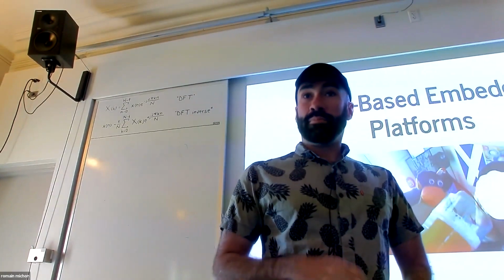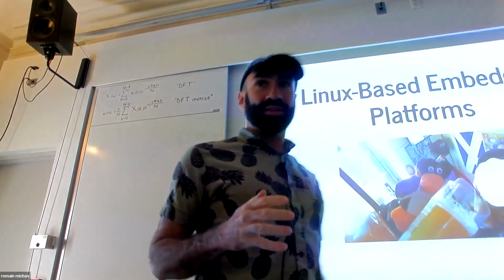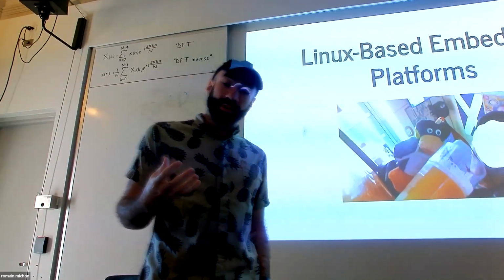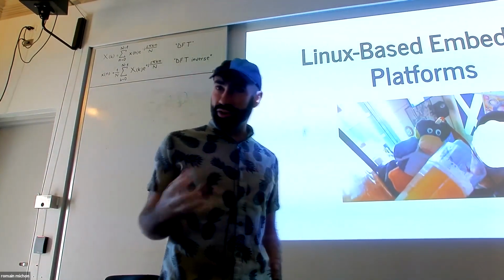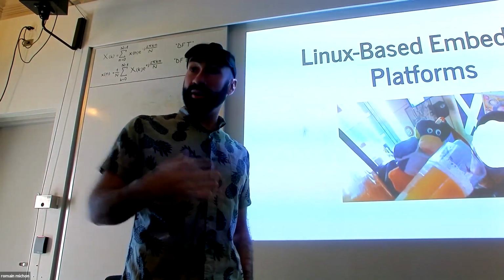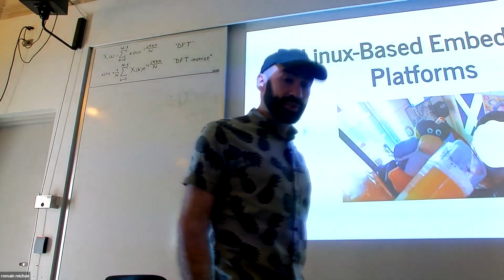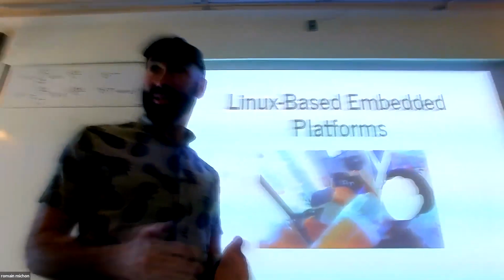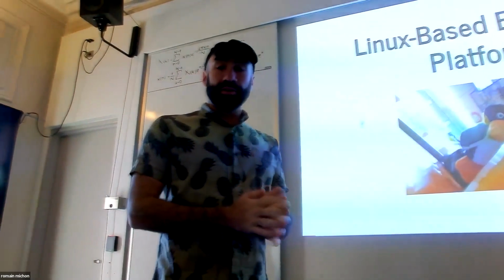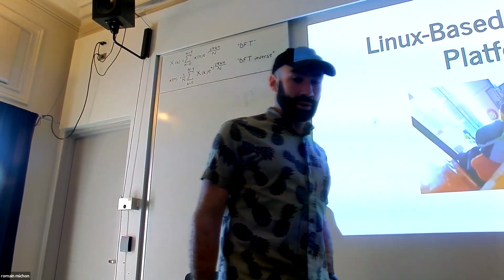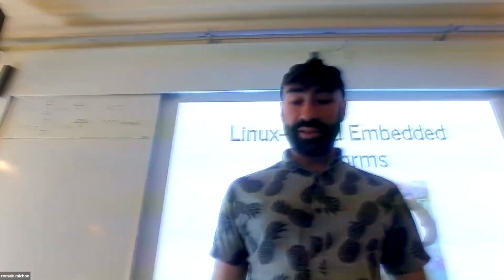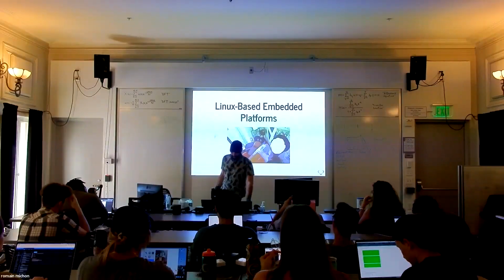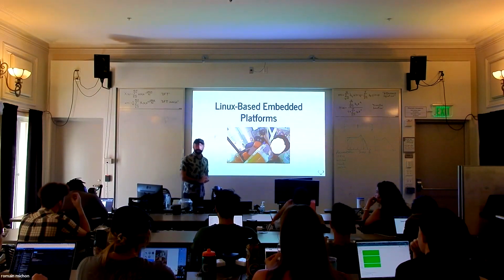So the most straightforward way to do embedded processing, and of course we're doing this because for your projects or for other classes that require embedded systems, this is potentially useful, right? So the most straightforward way to do embedded system audio programming is using a Linux embedded platform.